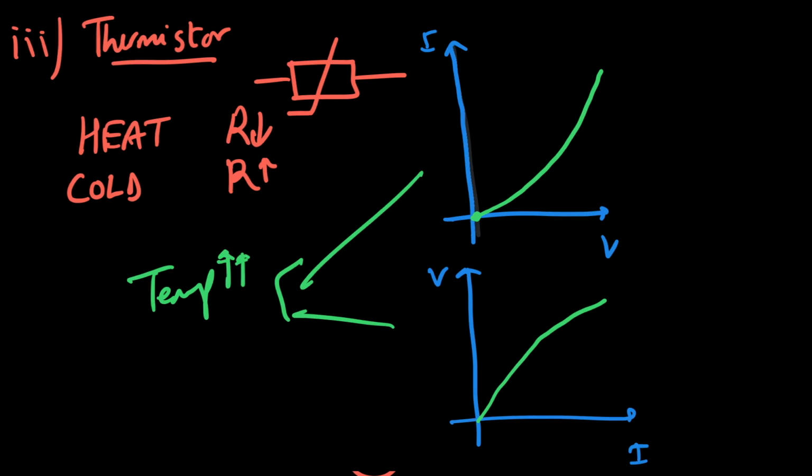Right? So that's what we generally do when we consider the basic graphs of a thermistor, if they ask you to make characteristic graphs.